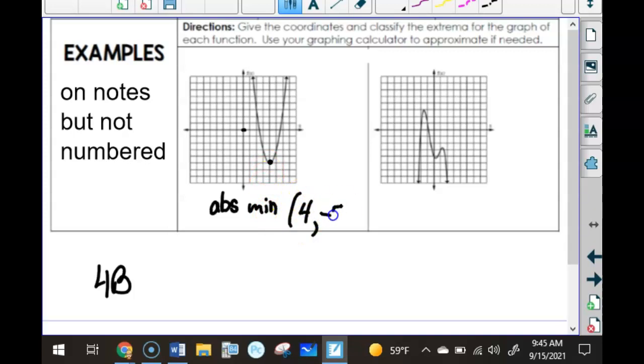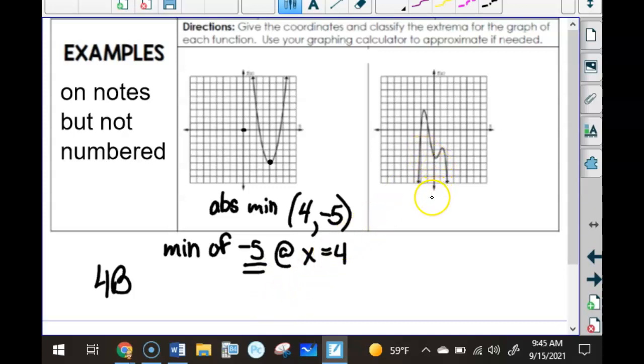Is anybody else getting that value? It is? Okay. So it's an absolute minimum at (4, -5). On Delta Math, it would say the minimum value of the function is negative 5 and that occurs at x equals 4. They ask for the minimum value of the function, which is the y. Okay, I just want to clarify that.